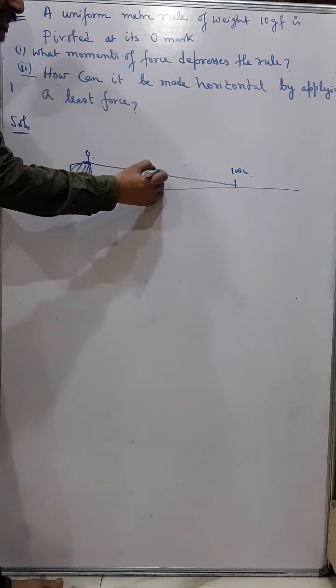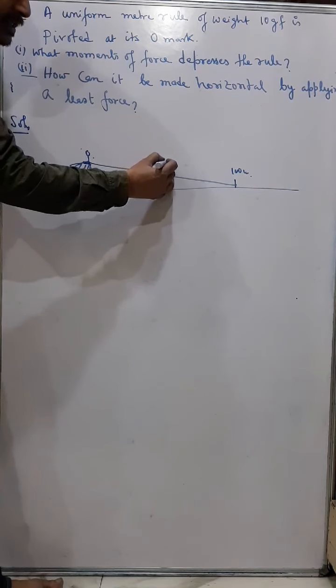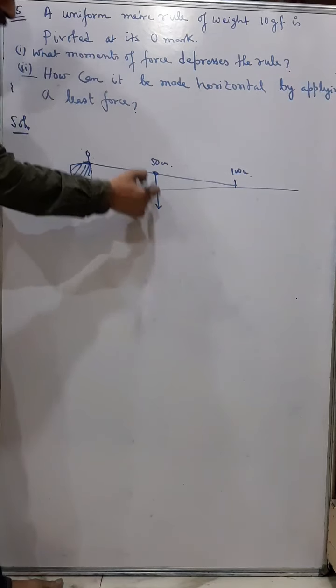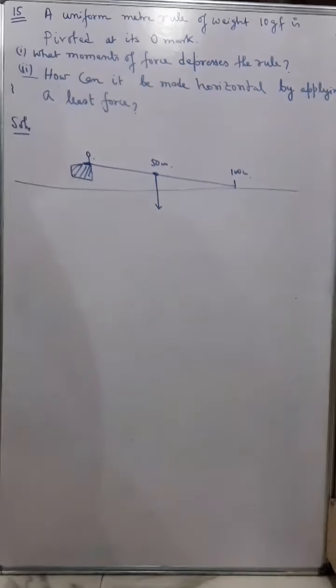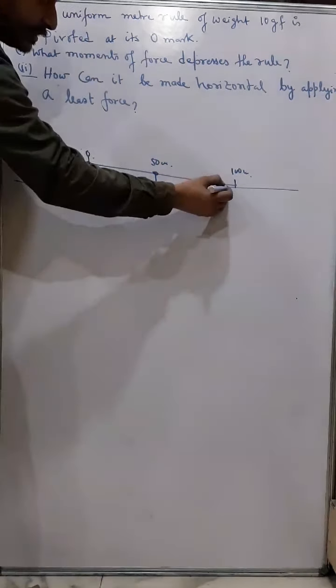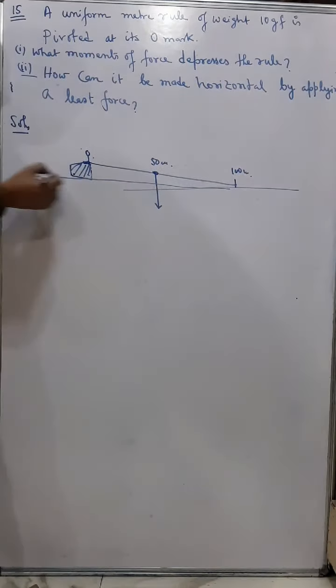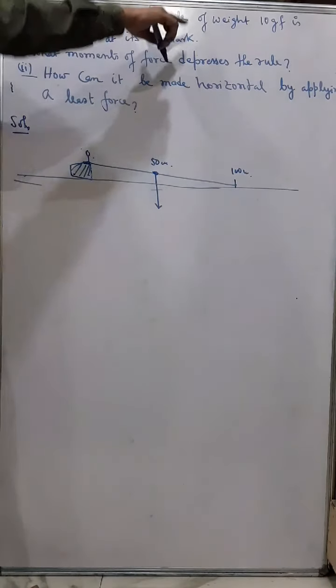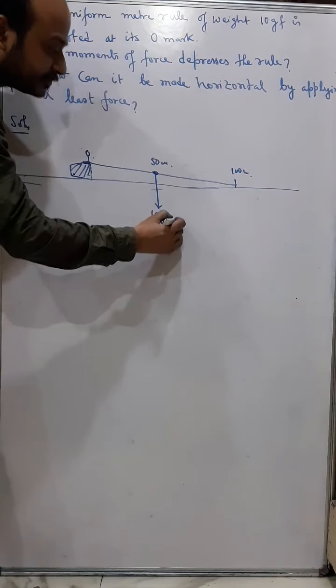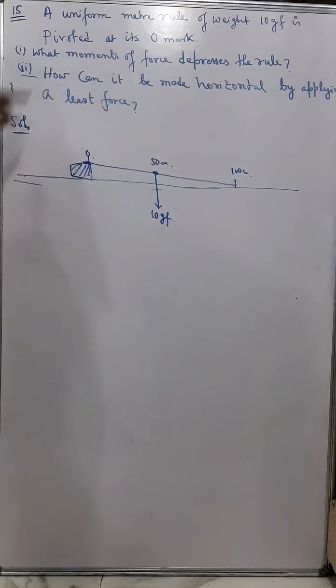Because it is due to the weight. So weight acts at which point? The center of gravity, and here at the center of gravity the weight of the body acts. So the ground will be this way, and the weight is given 10 gf, and then they told what is the moment of force that depresses the rule.